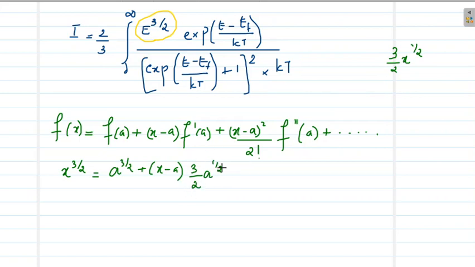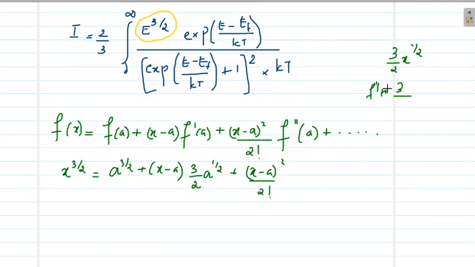First calculate f dash of x, then substitute a for x, plus (x minus a) the whole square divided by 2 factorial into f double dash of a. Once again take the derivative. What will be the derivative of f dash of x?